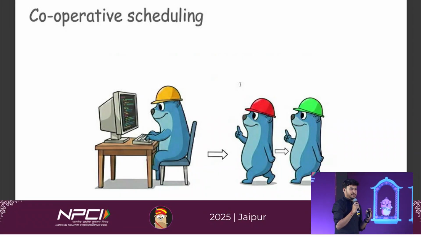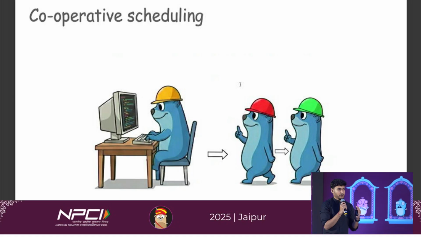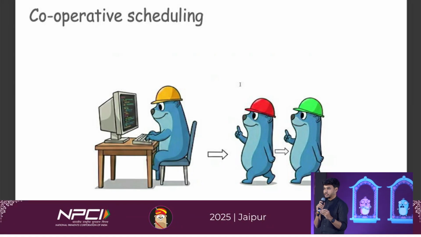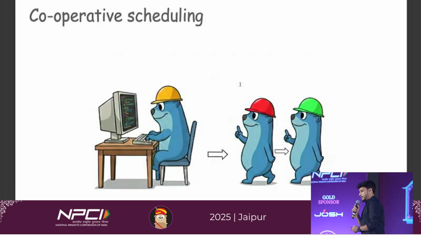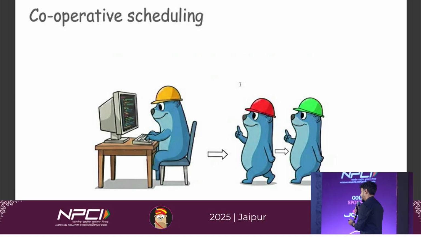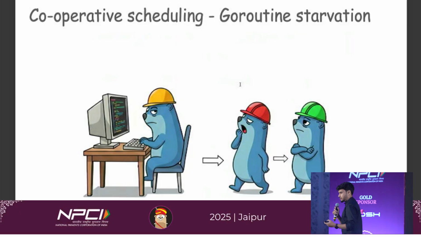Well, what happens if a Go routine gets stuck in a for loop where none of these safe points occur? Basically, one Go routine ends up taking all the CPU time, and other Go routines get bored or get starved. This is called Go routine starvation.